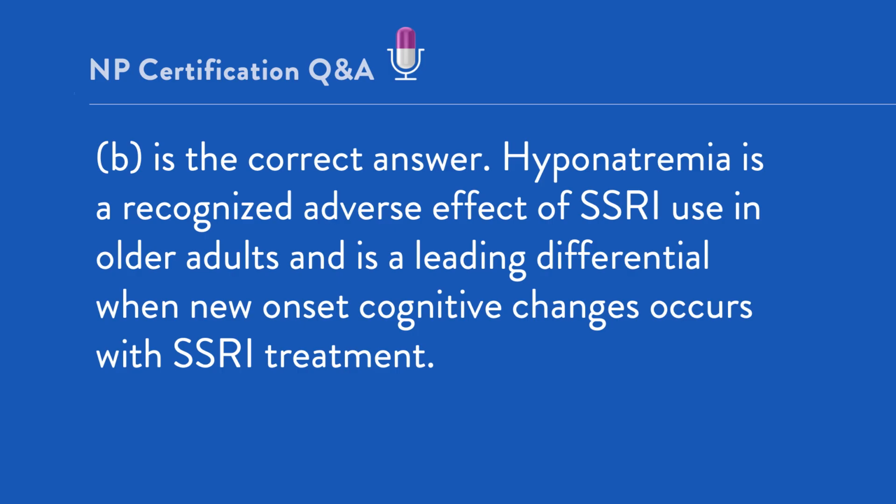Look for what the question tells you and use it. And when you see an older adult who we already know is more prone to hyponatremia and a medication that is known to cause hyponatremia, if it looks like hyponatremia and smells like hyponatremia and tastes like hyponatremia, it's probably hyponatremia. So since you can only pick one answer here, that would be the best answer of those provided.